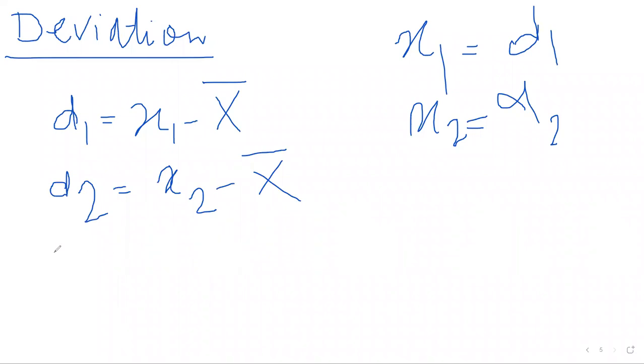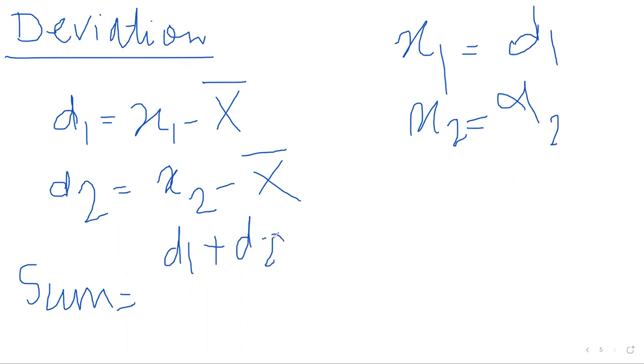If you are now asked to find the sum of deviations, how will you do it? You will just add all the deviations: d1 plus d2 plus d3, up to dn, and you will get something.